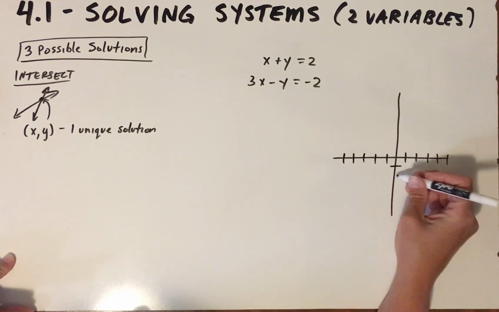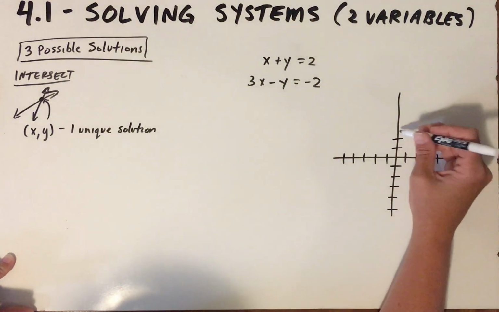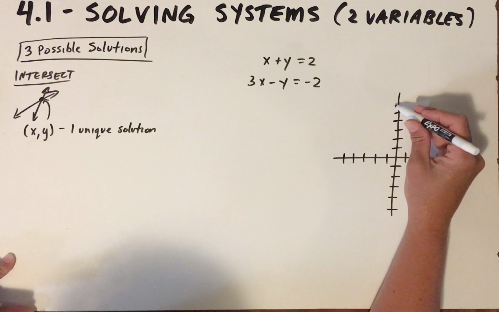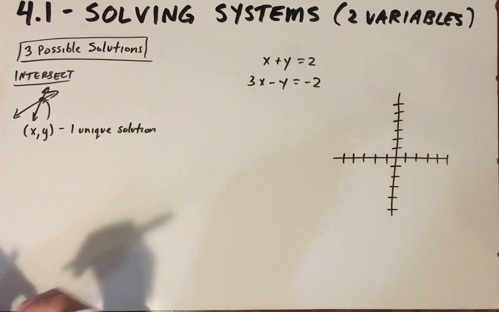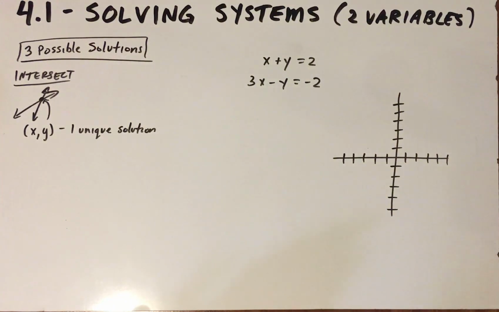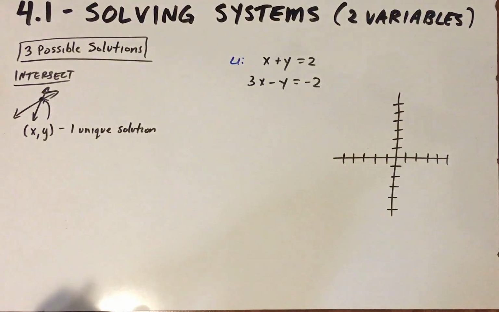I could visually look at this and say, it's the point where they intersect, assuming these lines do. I'm going to graph the first line in blue, so line 1 will be in blue, and line 2 will be in green.